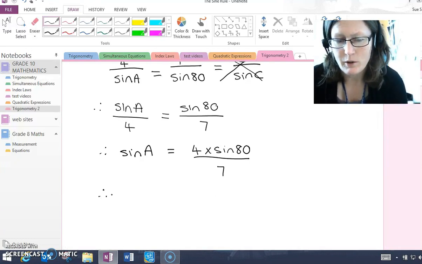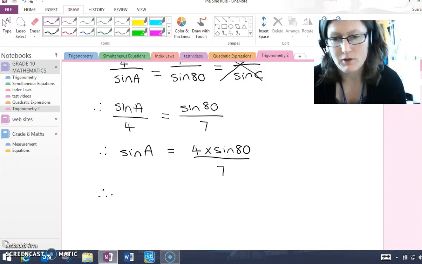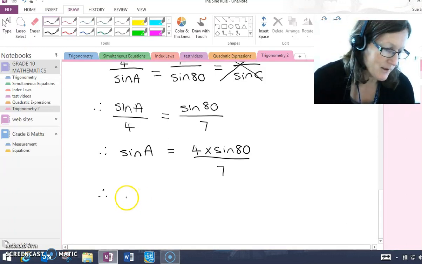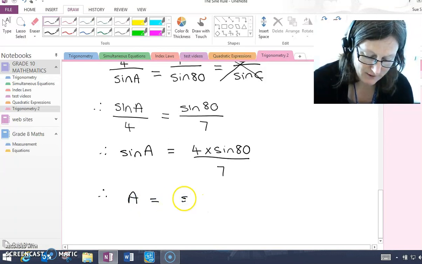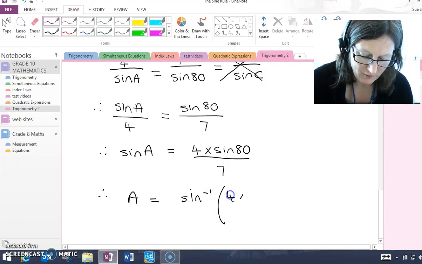Remembering in our calculator, when I'm trying to find an angle, I have to press shift sine. How I write this is angle A equals sine to the -1 of all of that.